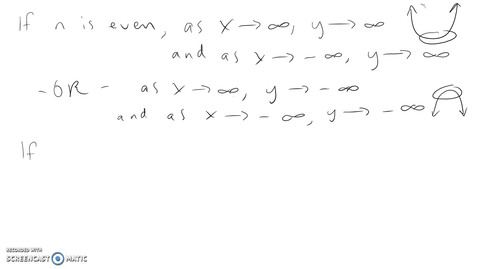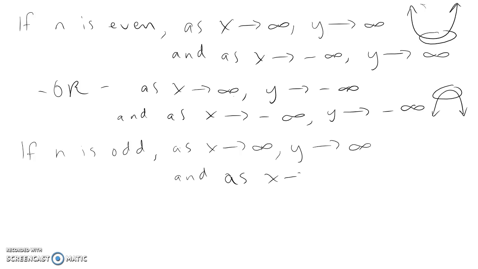Well, now we can say if n is odd, as x goes to infinity, so as x gets bigger and bigger, y goes to infinity, and as x goes to negative infinity, y goes to negative infinity. So we're saying as x gets smaller and smaller, y gets smaller and smaller.